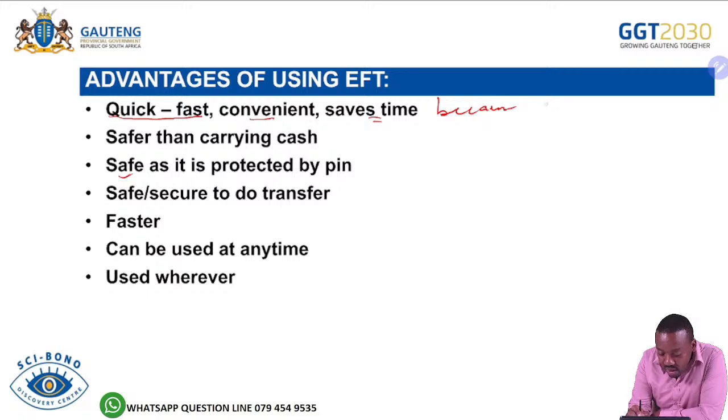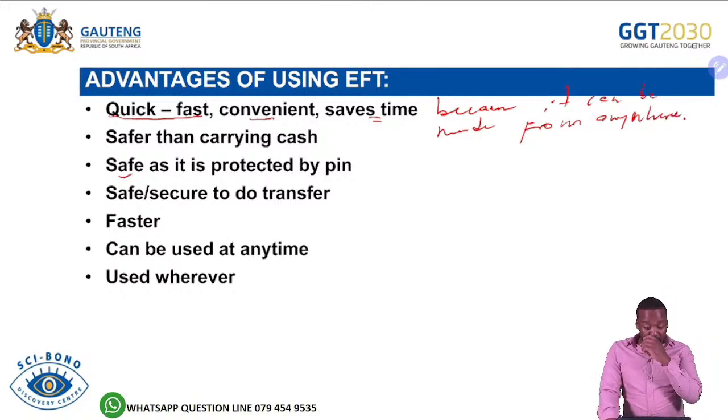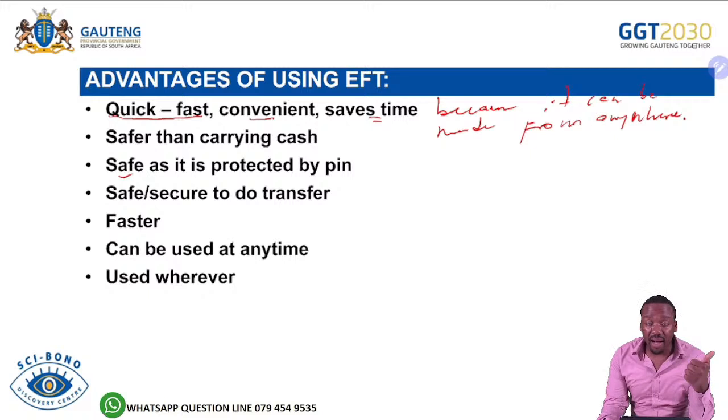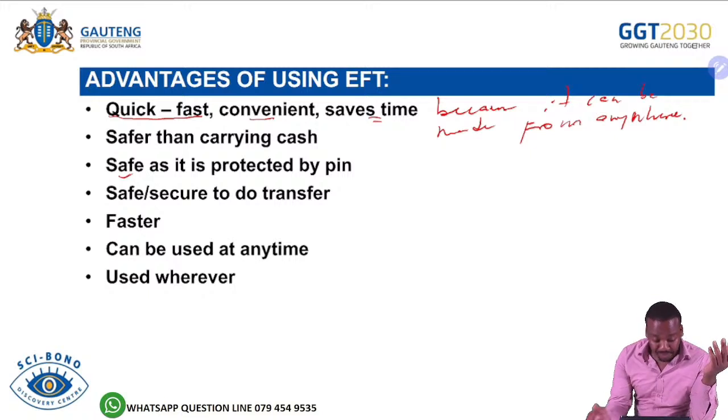Remember we said because it can be made from anywhere. Obviously, as long as you have enough funds in your bank account. You have the two linked accounts, and you have either an ATM access, or a cell phone access, or a computer.